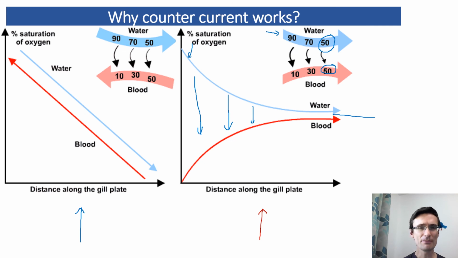efficient. So if we have a look at this, we have the water, which is flowing this way. So you've got high amounts of oxygen in the water here, and the blood is flowing in the opposite direction. And I should point out that these numbers are incorrect here.